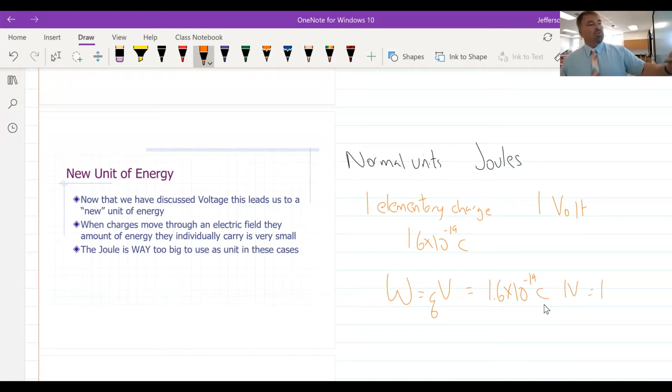And so your energy would be 1.6 times 10 to the negative 19th joules.